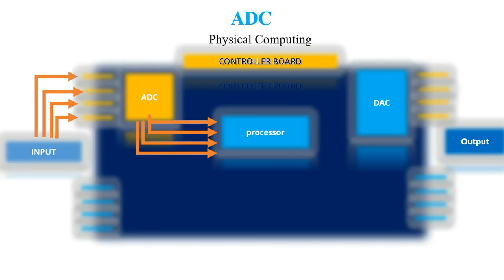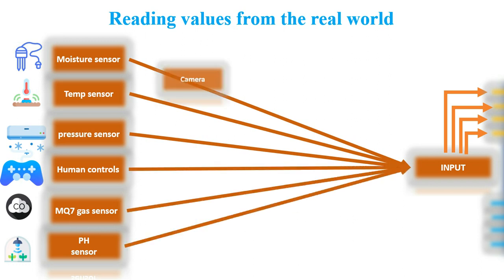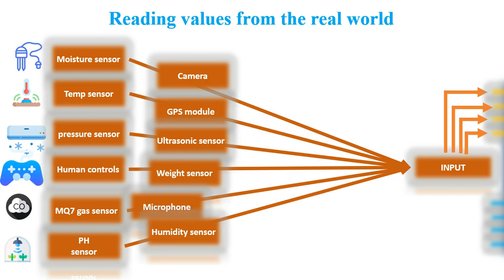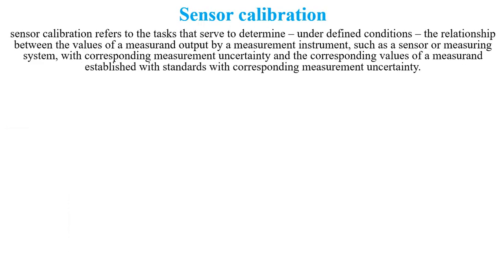Now, before we actually get the values, we have to deal with the values that we are getting and work with them in such a way that they are the actual representation of the real world signals. To do that, we have to do a process called sensor calibration.